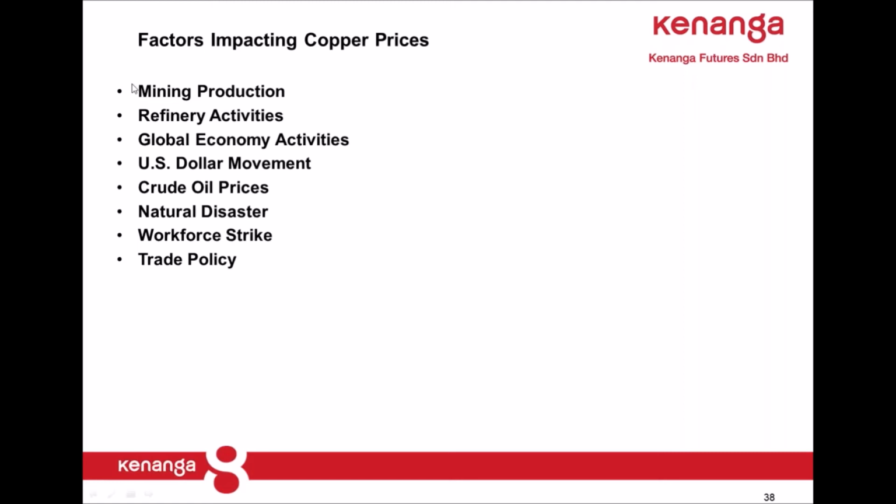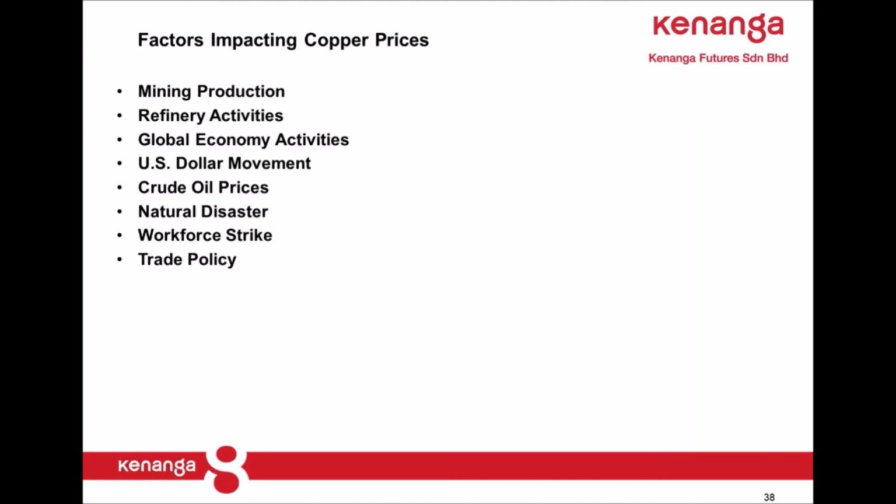And on the demand side, it will be, of course, global economic activity. The focus will mainly be on China because it's the top importing country. One of the indicators that you can use is the Caixin industrial production indicator, or the industrial production index, IPI.